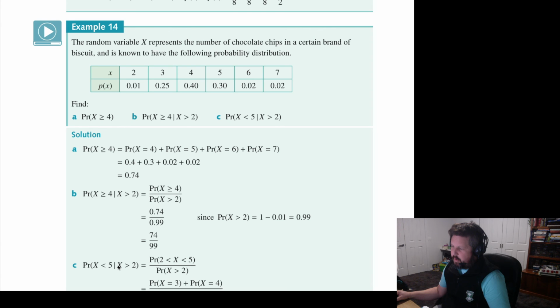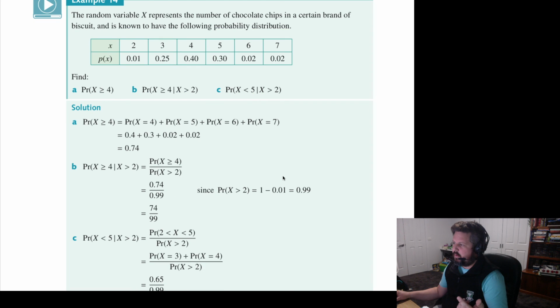So if we think about finding the probability of the values between 2 and 5, but not including them, those are when it's 3 and when it's 4. So we can get those probabilities, and that's divided by the probability of x being greater than 2, which we worked out up here anyway. That's 0.65 divided by 0.99. We can simplify that down to 65 over 99. So have a little bit of a think about those ones.